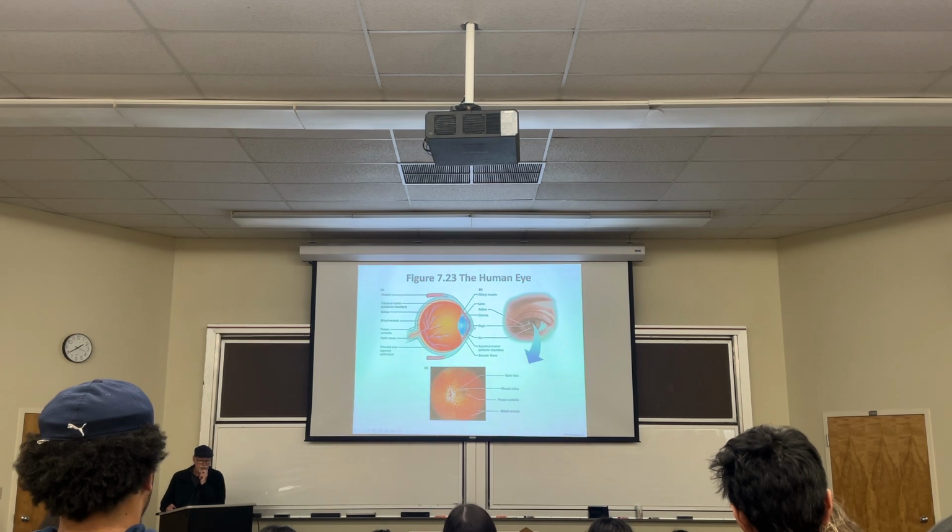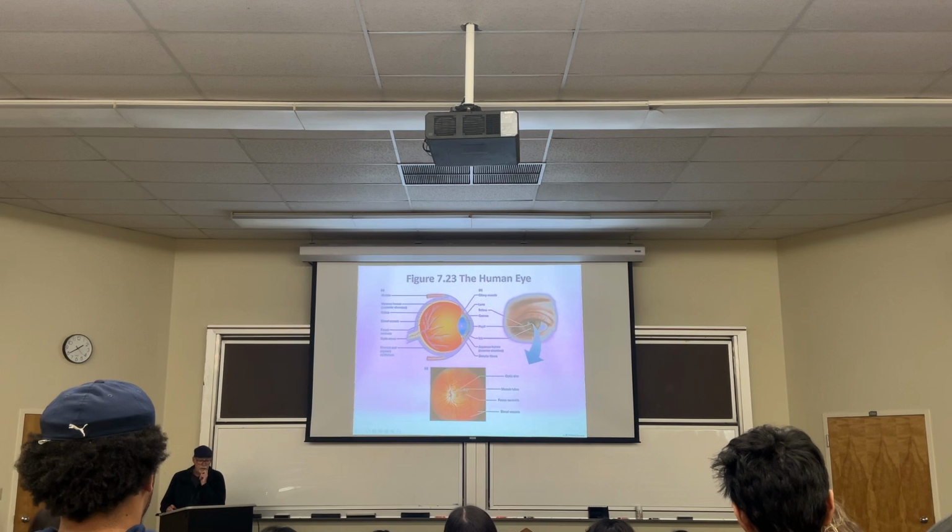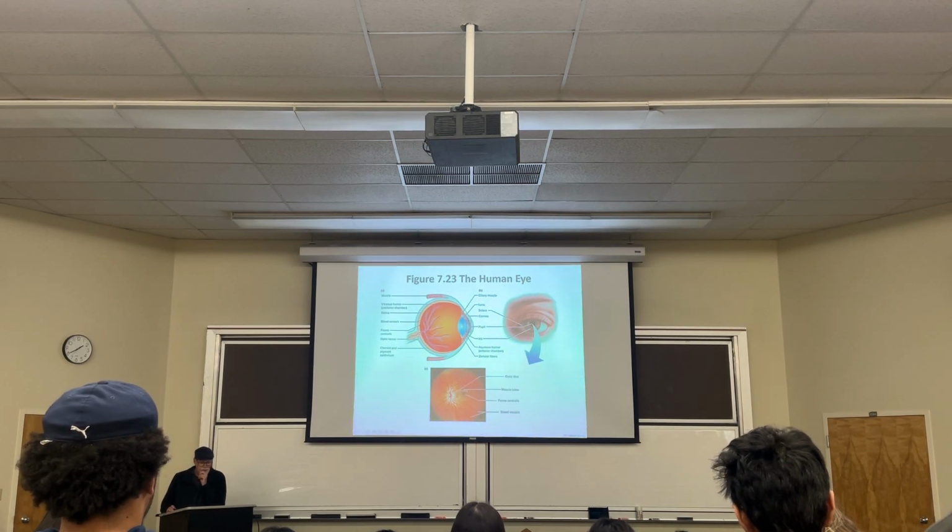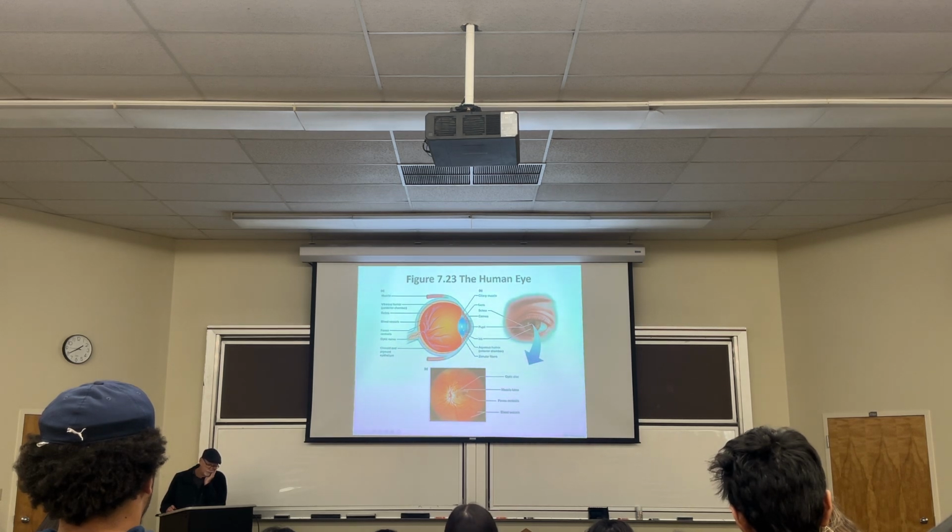As light comes in through the cornea, it comes into this anterior chamber region, and there's some aqueous humor, some fluid here, and then it strikes the lens. The lens is connected to some suspensory ligaments which are connected to a muscle called the ciliary muscle.